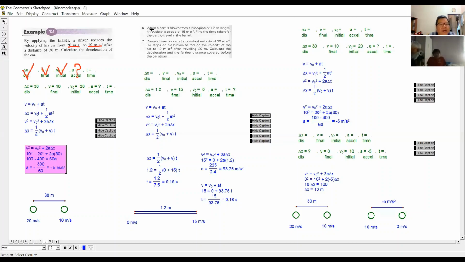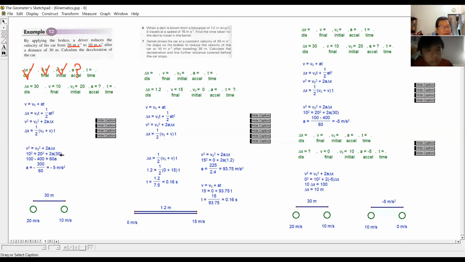Okay, so now the final velocity is 10, so we replace with 10. Initial velocity is 20, replace with 20. Acceleration, just leave it because you are asked to find it. The displacement is 30. Then the 20 squared, you move to the other side, so it becomes 100 minus 400.